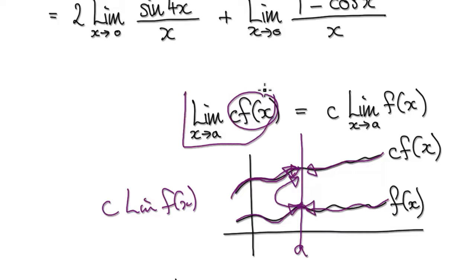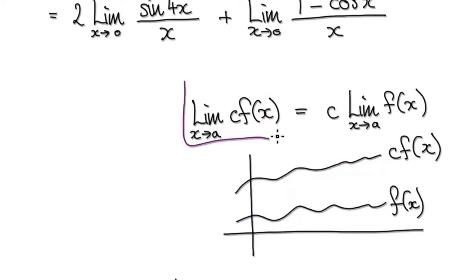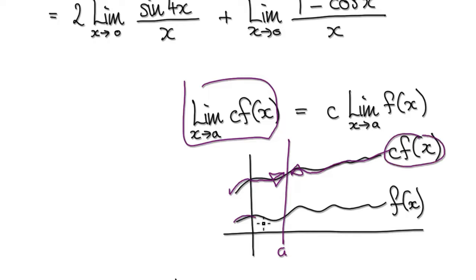So up here it's saying find the limit of this complicated thing here. But rather than finding the limit of this complicated thing here, you can just find the limit of f of x. And once you've got that limit, then just multiply it by c. It would take you to the same place.